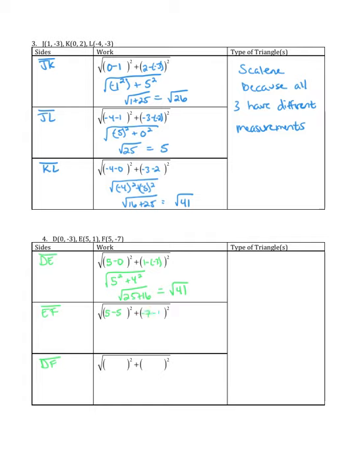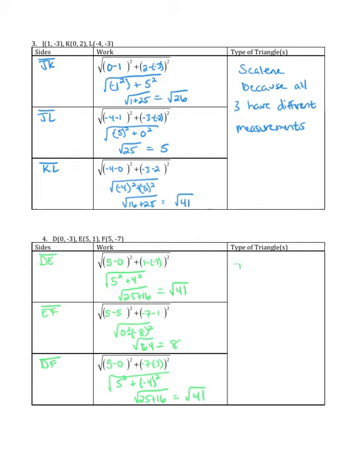Negative 7 minus 1 squared gives me square root of 0 squared plus negative 8 squared. Square root of 64 is 8. DF, 5 minus 0 squared, negative 7 minus negative 3. 5 squared plus, this ends up being negative 4 squared. 25 plus 16 equals the square root of 41.